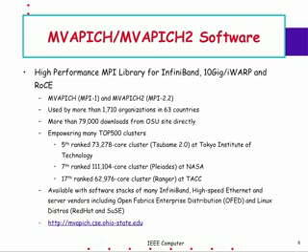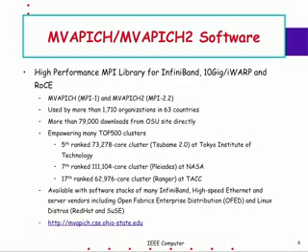And for the last 10 years, this has been very widely used, and currently it is being used by more than 1,710 organizations in 63 countries. More than 79,000 downloads have taken place from the OSU site directly. And over the years, it is empowering many Top500 clusters. Here are some examples, like the 5th ranked Tsubame cluster at Tokyo Institute of Technology, 7th ranked NASA Pleiades, 17th ranked TACC Ranger.